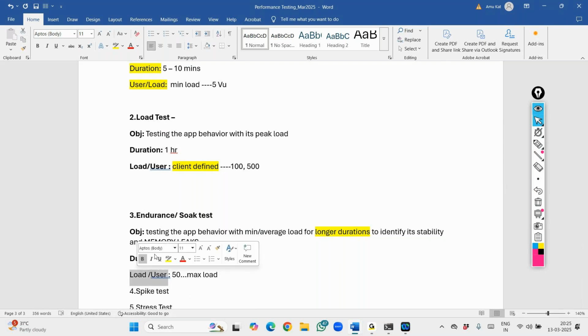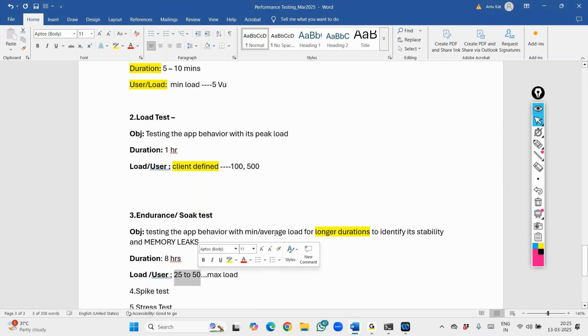As per the standard, we should go ahead with minimal or average load, which might be half of the defined or less than half, so you can consider 25 to 50.